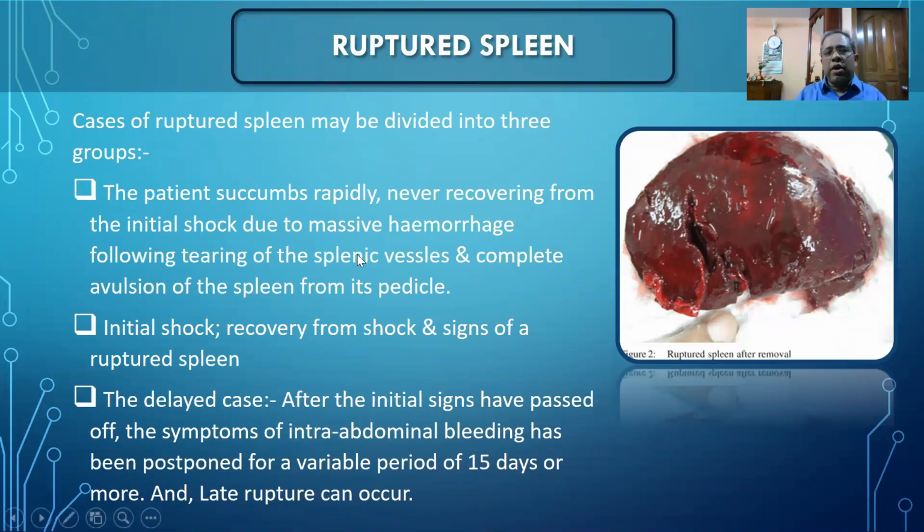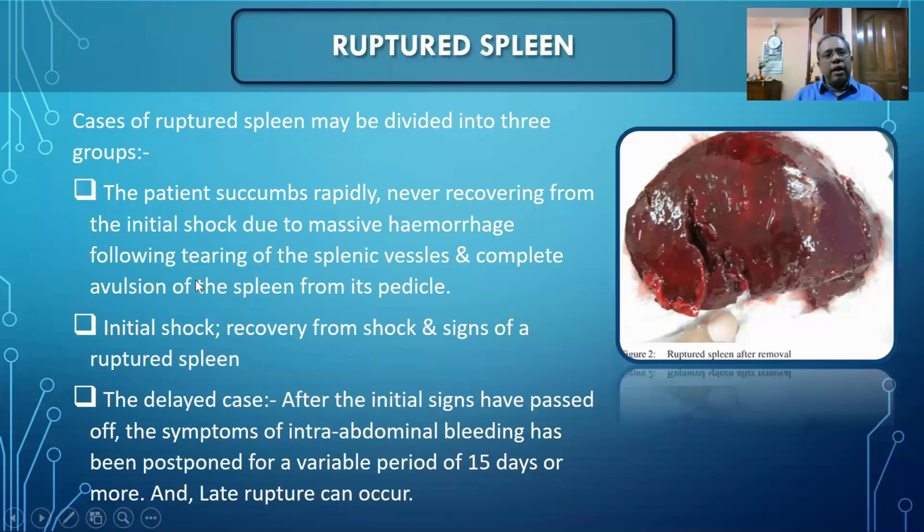That means the injury is at the hilum, so the hilar vessels are greatly ruptured, there is massive blood loss, and the patient goes into shock and does not recover, or there is complete avulsion of the spleen from the splenic pedicle. In these two causes the patient succumbs and dies immediately at the site of injury. There is no scope for recovery.